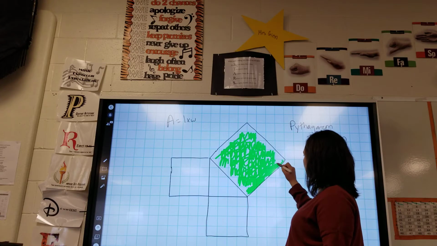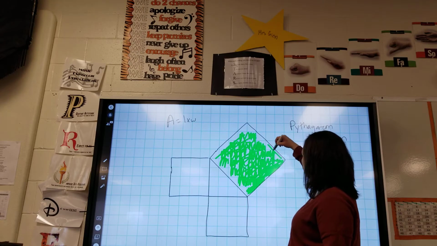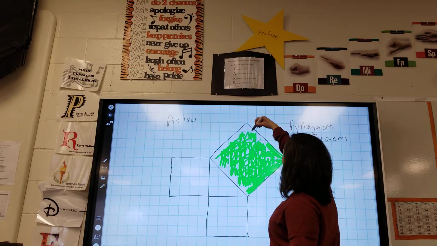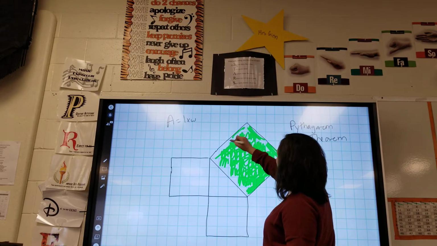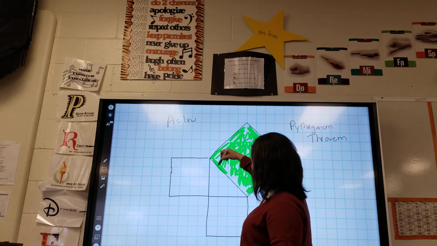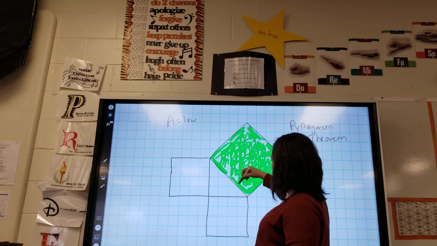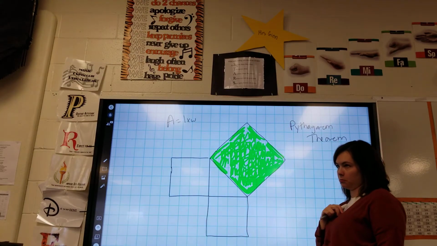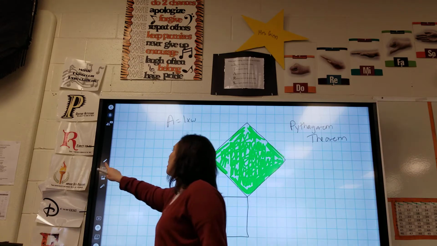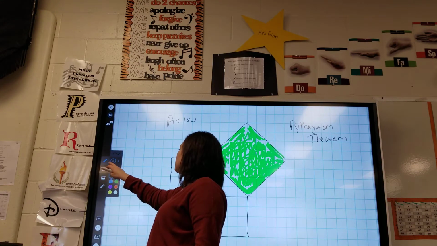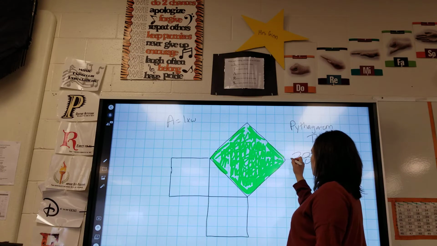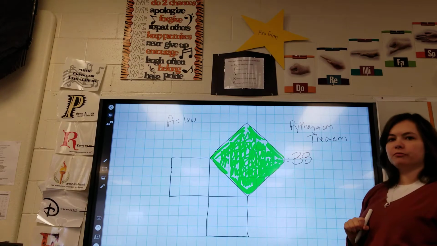That's 25. There's 2 here, that's 26. 2 here, that's 28. 2 here, 30. 2 here, that would be 32. 34, 36, and 38. Yes, 38. So we have a total of 38 squares for the big square.